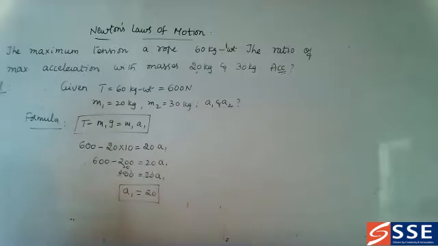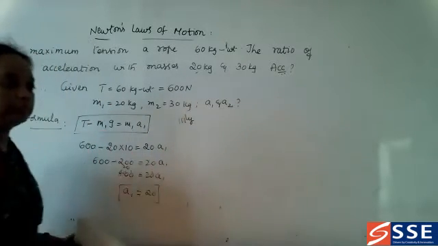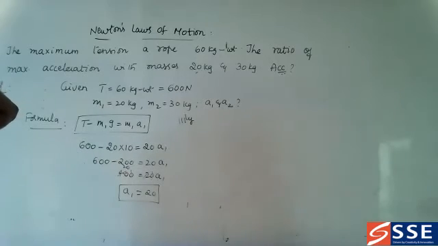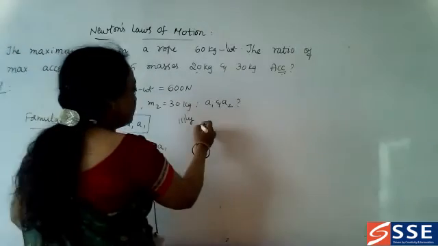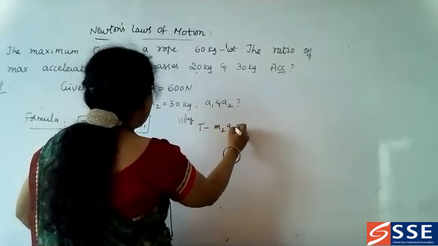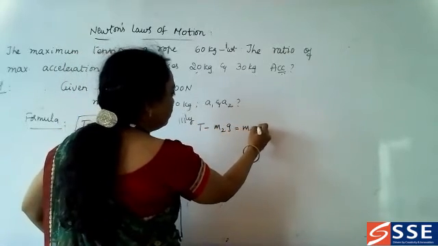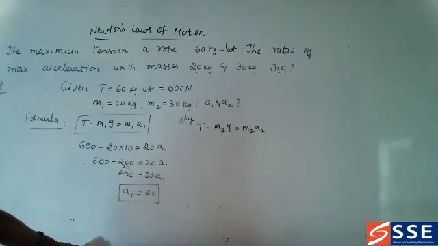Okay. Similarly, we can calculate for a2. What is the answer, ma? Next one. How do you calculate a2? Similarly, you take this formula, T minus m2 g is equal to m2 into a2. Calculate and give the answer, ma.